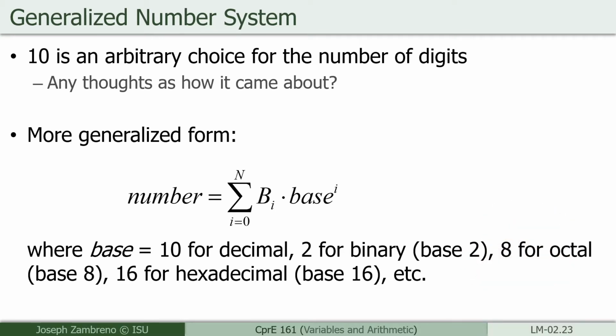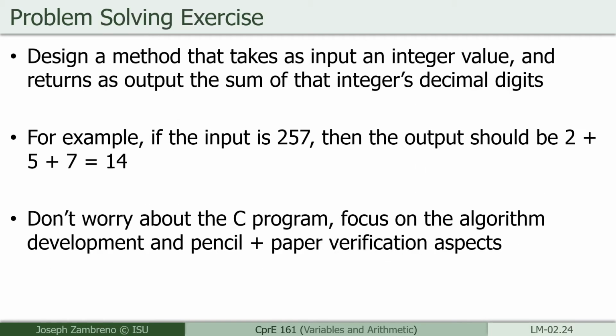When our base equals 2, that's our binary numbers. 8 corresponds to octal representation, 16 for hexadecimal. Any arbitrary number for our base is valid to represent our numbers. But those three are the ones we're going to commonly use here: beyond base 10, we're going to use 2 for binary, 8 for octal, although a little bit less commonly, and 16 for hexadecimal representation.